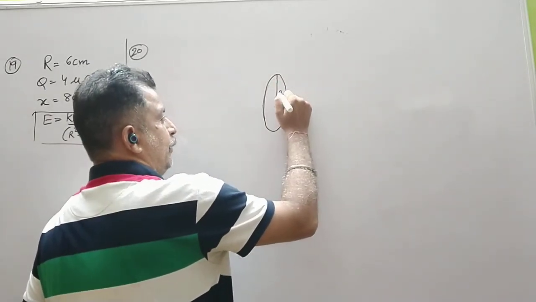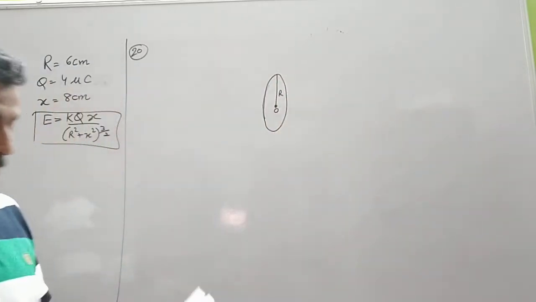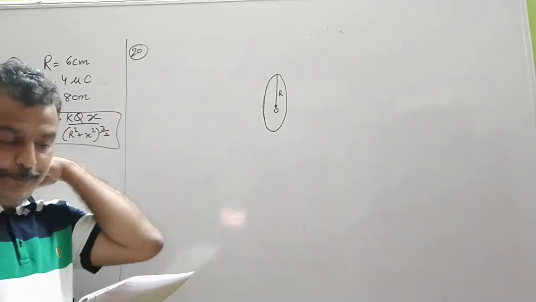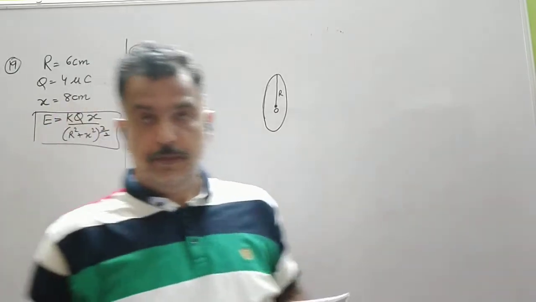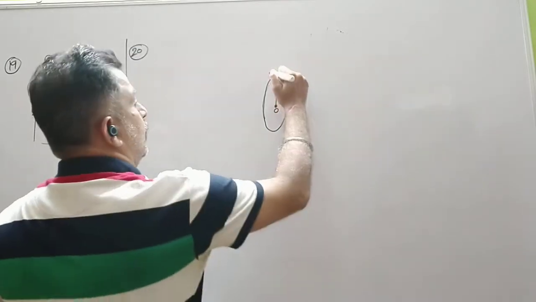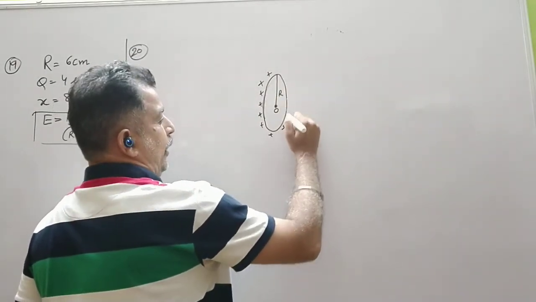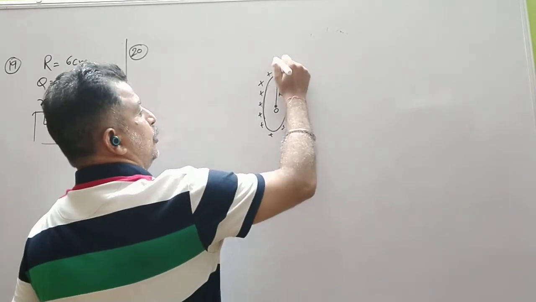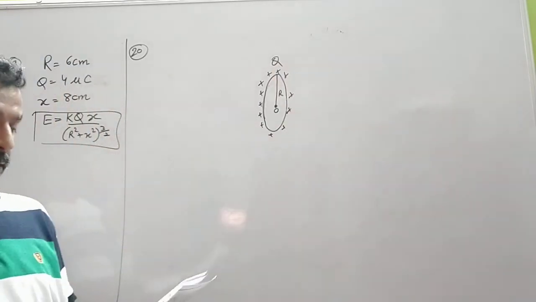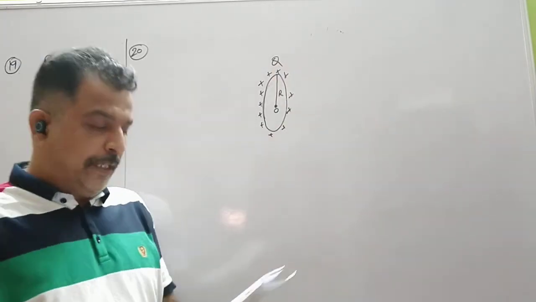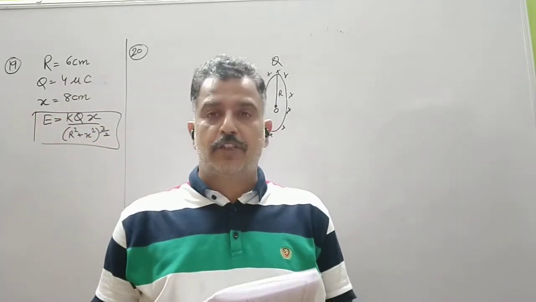So radius is capital R, this is the center at the origin. The charge on this is positive, the density is lambda given, let the total charge be q.